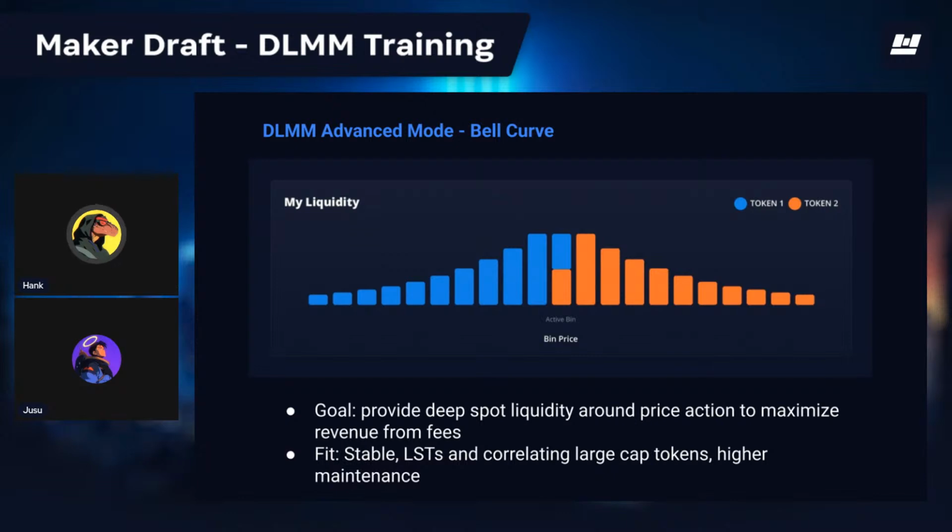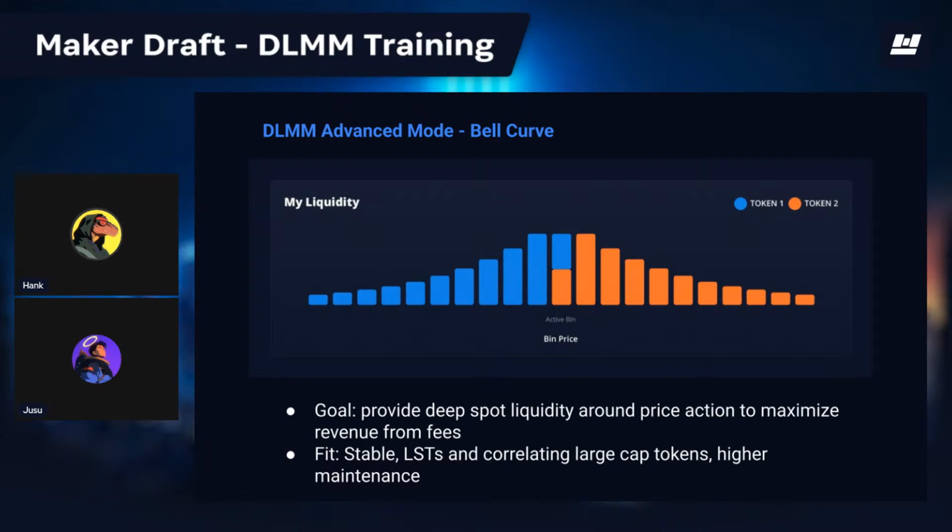It's generally also a good fit for all kinds of stable pools and LSTs. So correlating tokens where you do not expect too much price movement, or where you do expect reverting to the mean. So even, for example, scUSD and USDC, they do move, but you always expect it to go back to the mean.